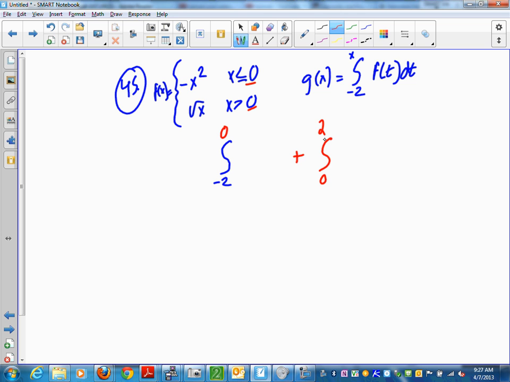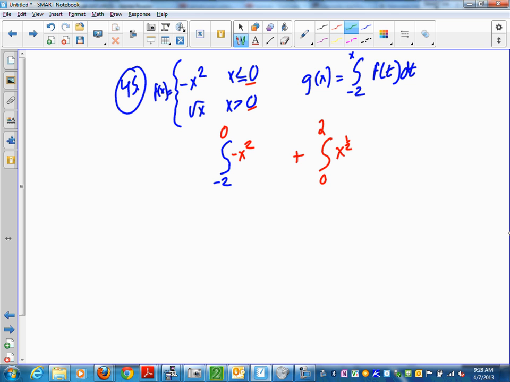This interval between negative 2 and 0 is clearly less than 0, so we would have to use negative x squared. And this point here is greater than 0, so we would have to use x to the 1/2 power, or the square root of x.